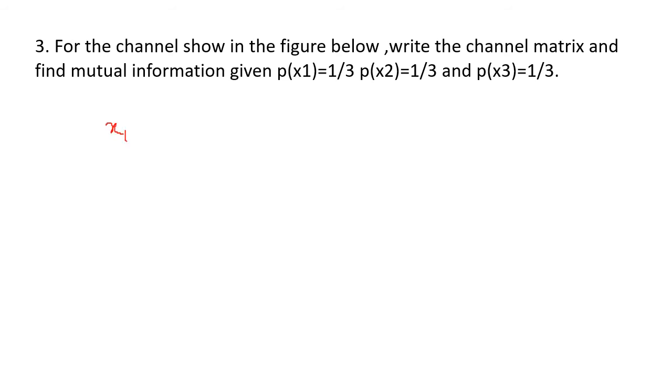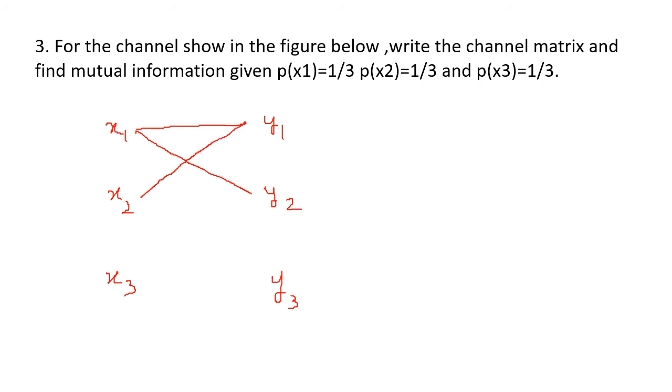So you have x1, x2, x3, and y1, y2, y3. From x1 you have one connection to y1 and one to y2, from x2 to y2, then from x3 to y3, x3 to y2 and x3 to y3.